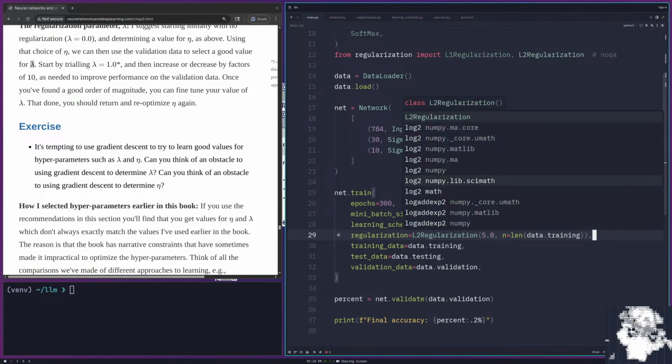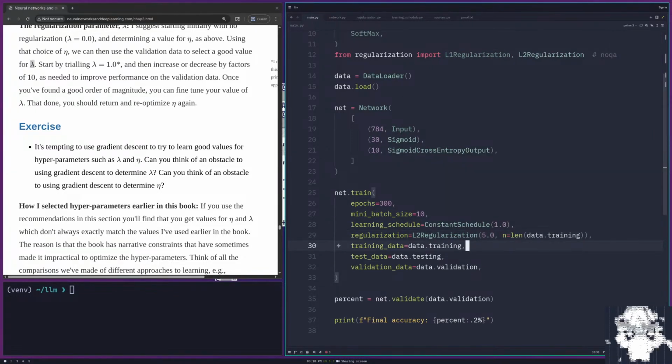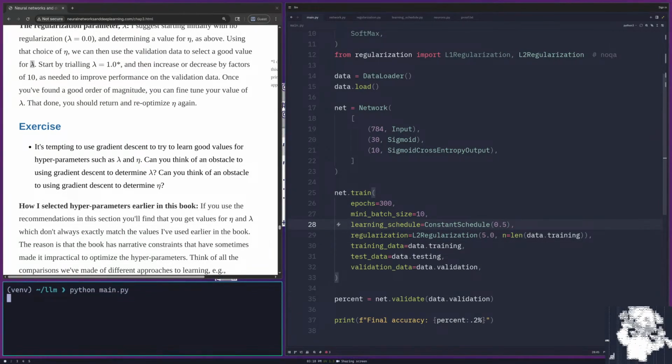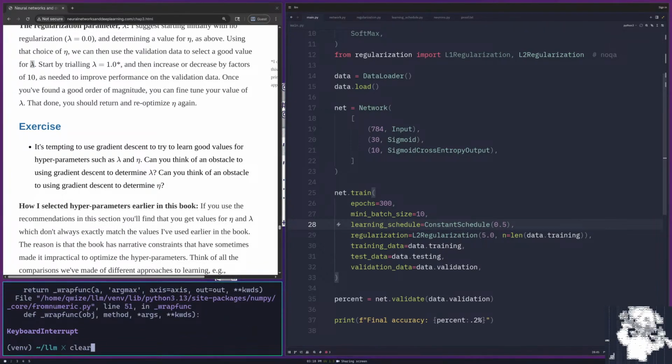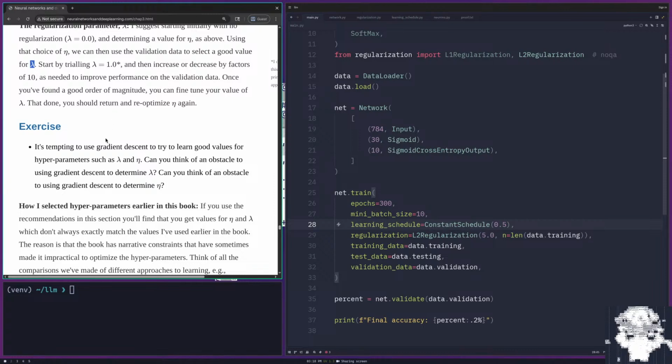Yeah, let's use L2 because that works the best. All right. Where were we?